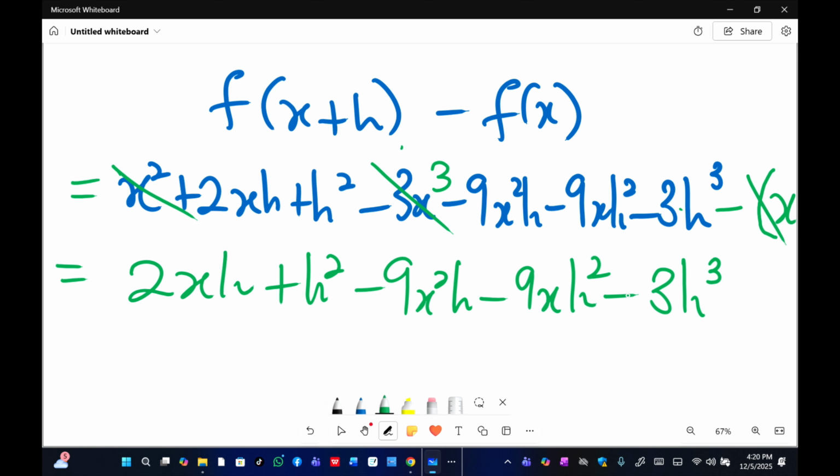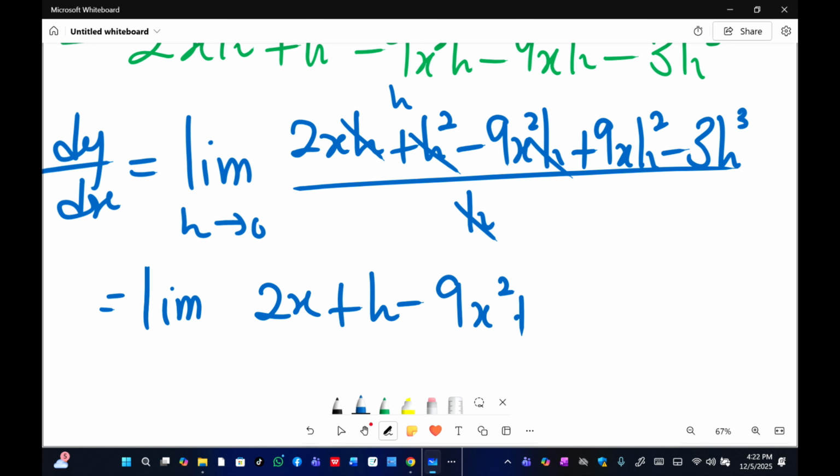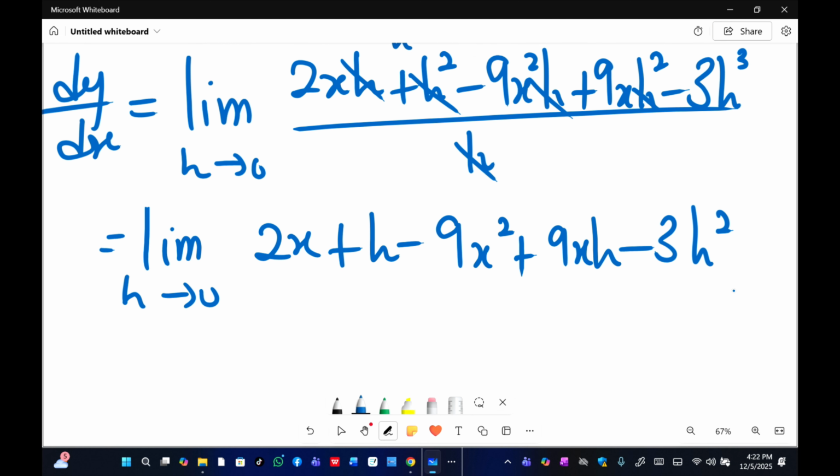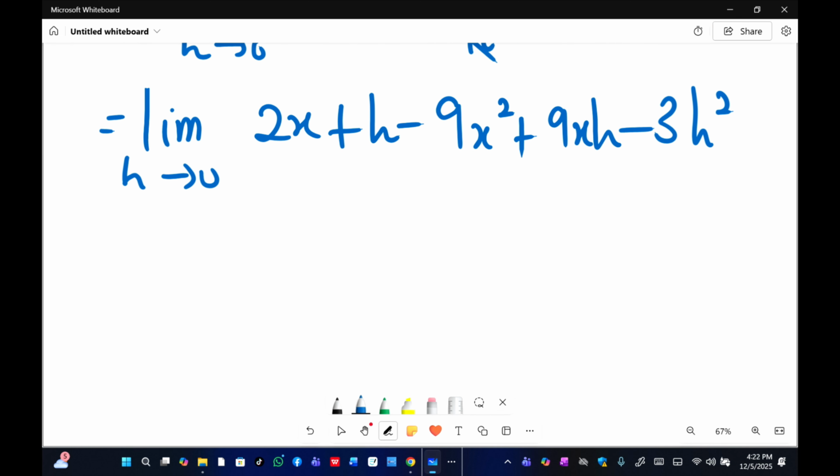When you divide this one also by the h here, you are left with only 9x squared. So we are going to get here to be plus h, here will be minus 9x squared, then plus 9x h. Then minus 3h squared. All right, so as h approaches 0, we can now take the limit of what we have gotten.